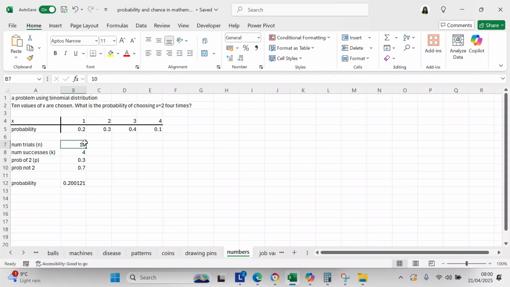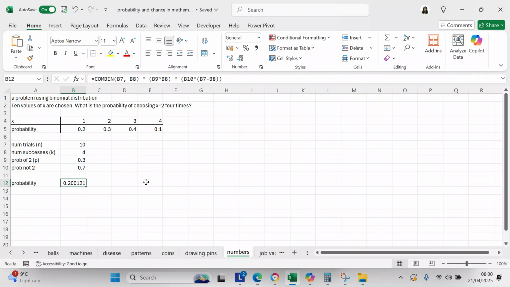So we have the number of trials is 10, and the number of successes is 4. So the probability of getting a 2 equals C5, so that's 0.3, and the probability of not 2 is 1 minus B9, which is 0.7.